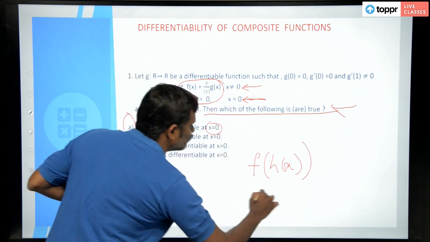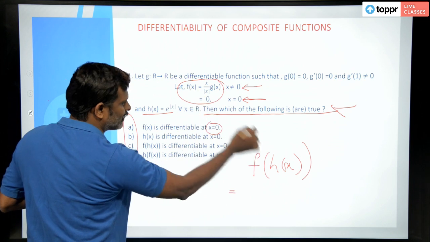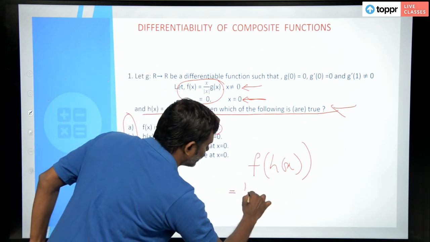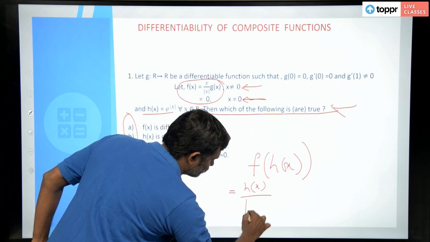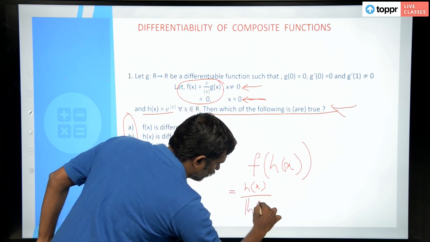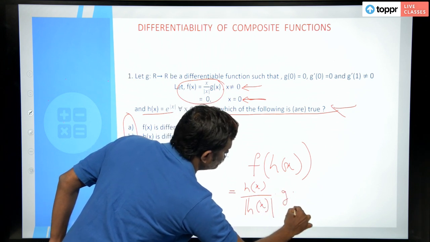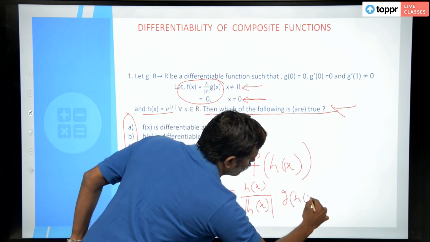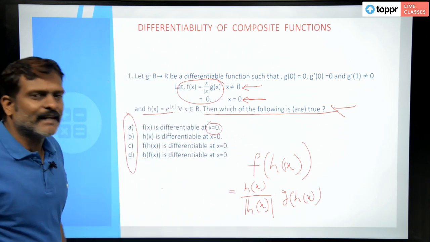So, this value will be equal to what? When you write this, in the place of x I have h of x. So, it will be h of x by modulus of h of x times g of h of x, because for me x is nothing but h of x.